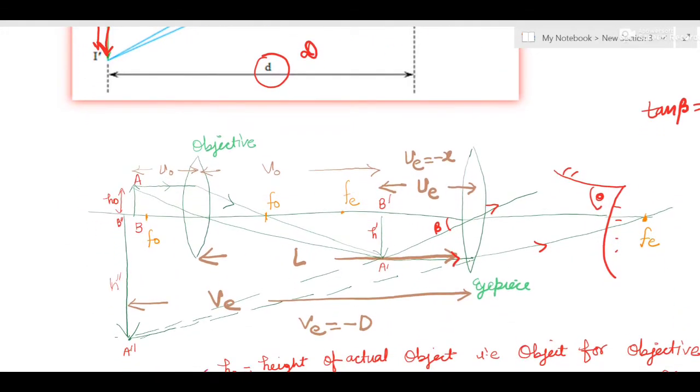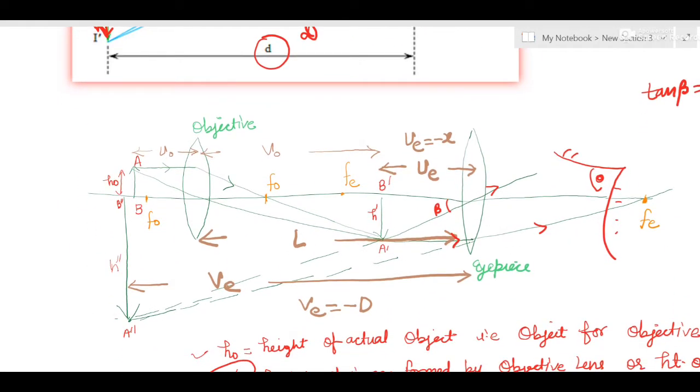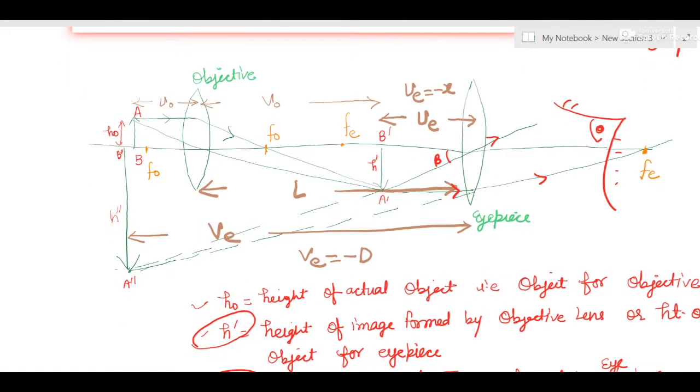So this is one more diagram which I have drawn to show all the quantities that need to be mentioned while drawing the diagram of a compound microscope.